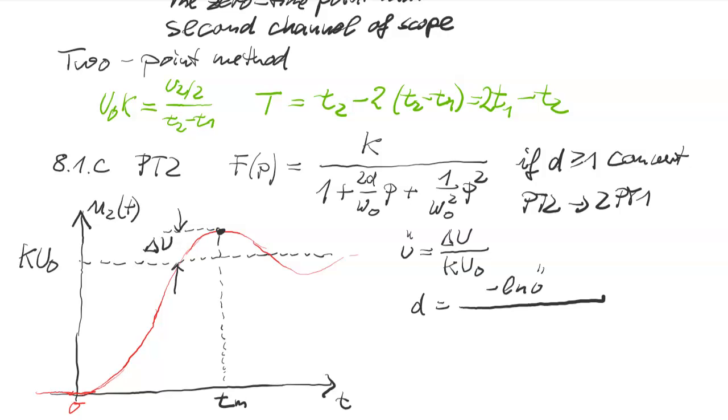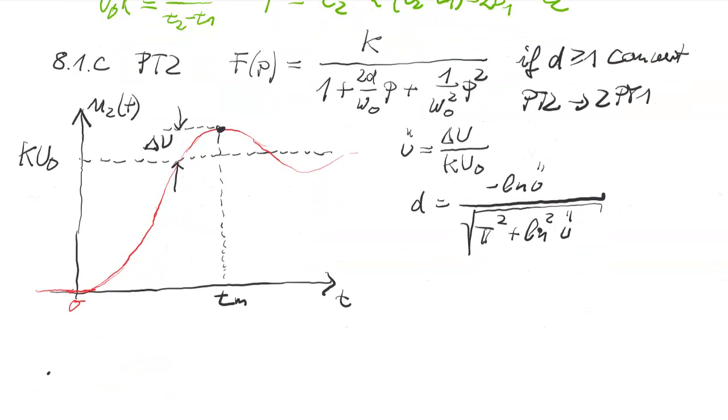D is the negative natural logarithm of U divided by the square root of pi squared plus ln squared U. So with a measured U, you can calculate the unknown D of the transfer function.